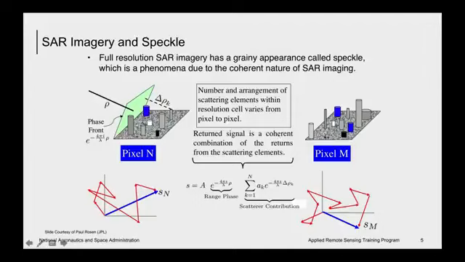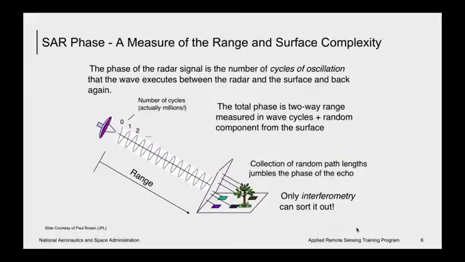So this is just showing two different pixels and how each pixel can have different phases, but the total phase is the coherent combination of all the different sub-pixel scatterers. The radar phase is actually a measurement of the total distance between the satellite radar antenna and all the objects in the radar pixel.